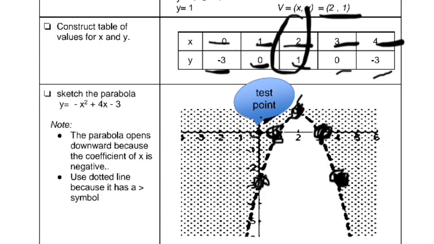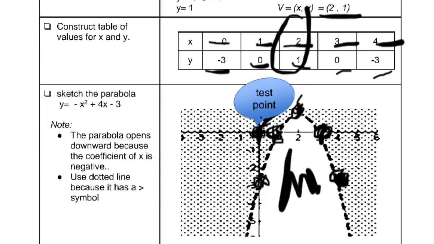If the origin satisfies the inequality, you shade the part outside the parabola. If this point does not satisfy the inequality, then you shade the inner part.